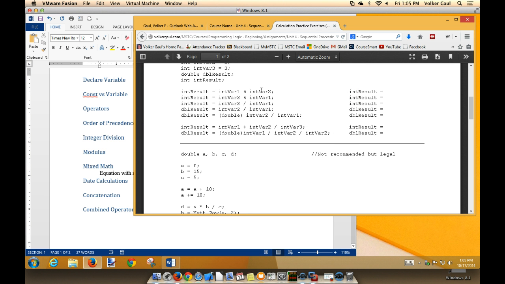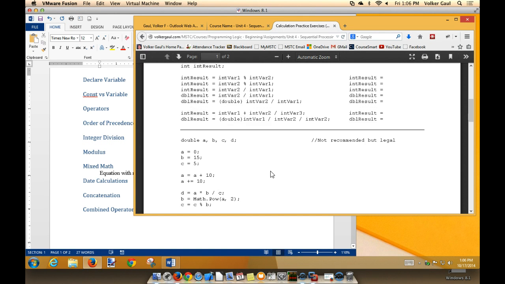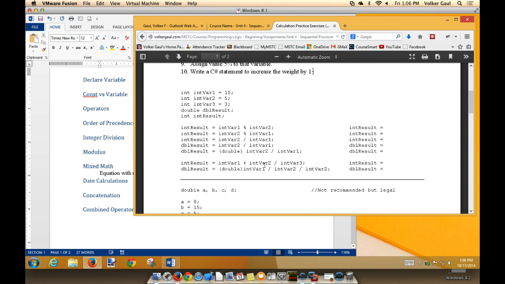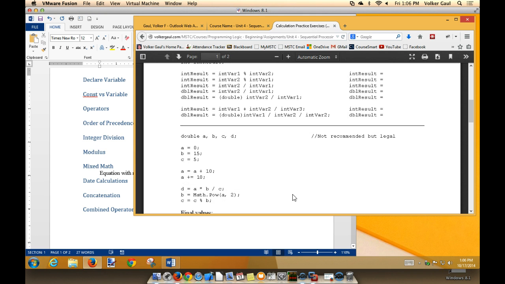So over here, this is the worksheet. These are all integers and integers. If it's integers and integers, what's your answer going to be? It's an integer. If I had an equation that was doubles and doubles, then the answer is double. If it's decimals and decimals, the answer is of type decimal, always. Those are not mixed.